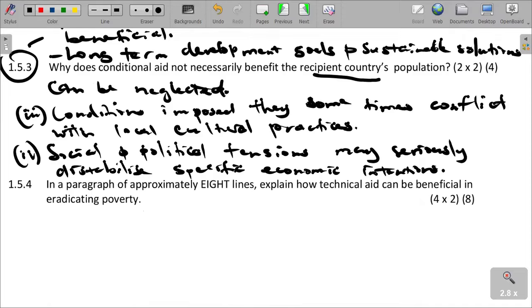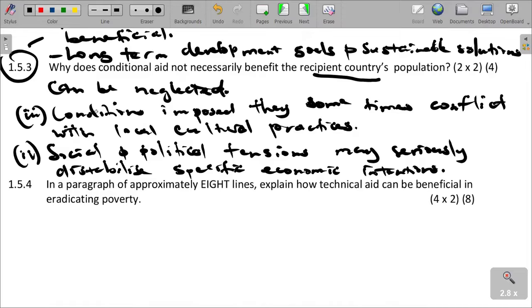And then we can also have problems to do with the aid itself, which may not suit the needs of the recipient country. Sometimes these aids are just given but are unverified.